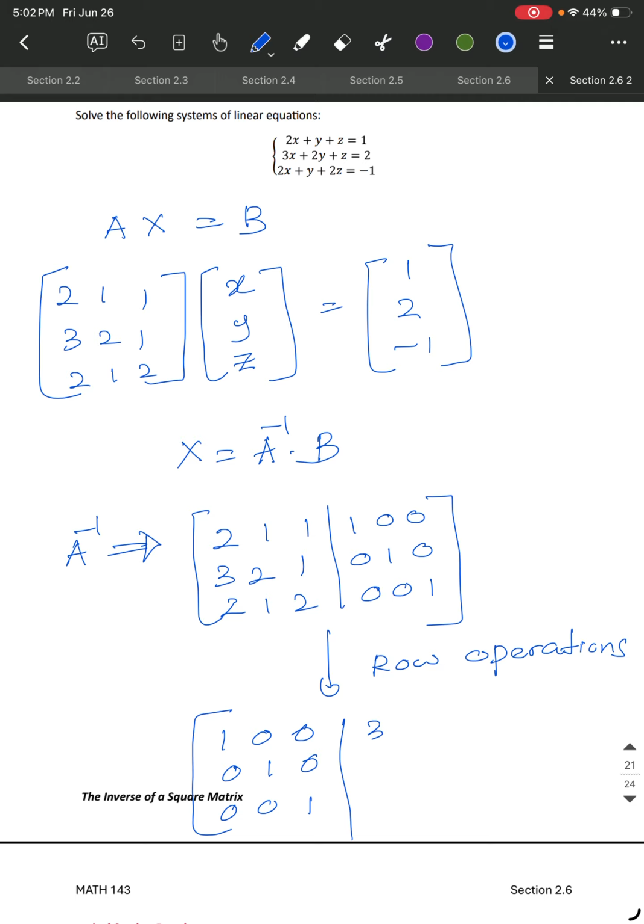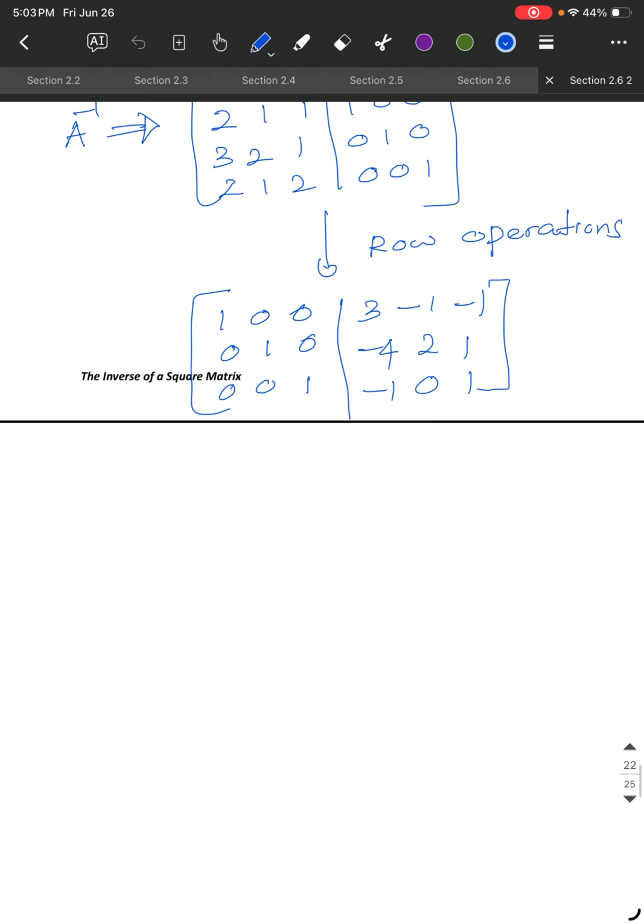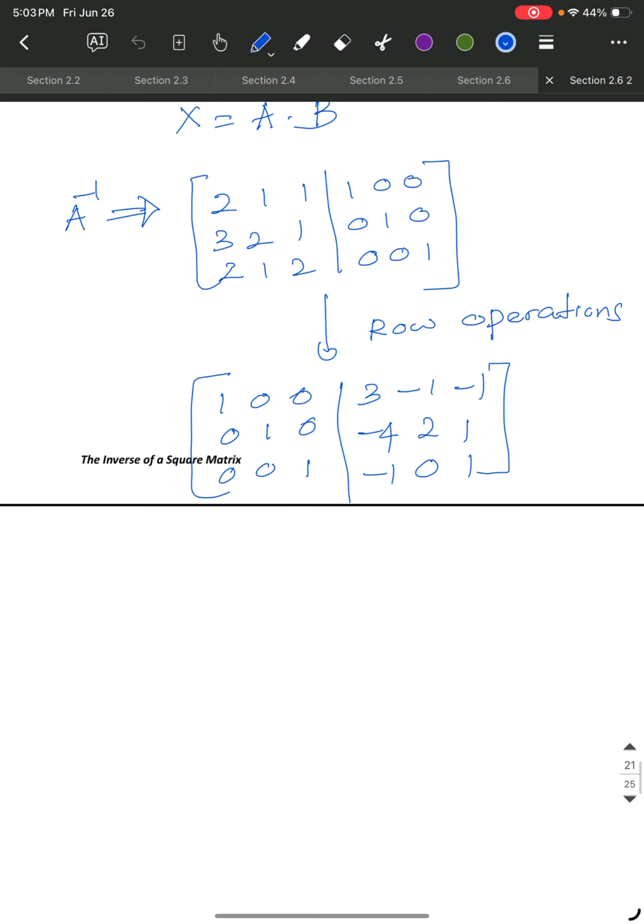We will get 3, negative 1, negative 1, negative 4, 2, 1, negative 1, 0, 1. Right? So, the A inverse equals 3, negative 1, negative 1, negative 4, 2, 1, negative 1, 0, 1.